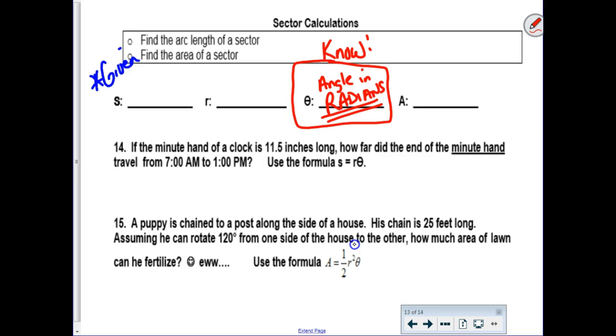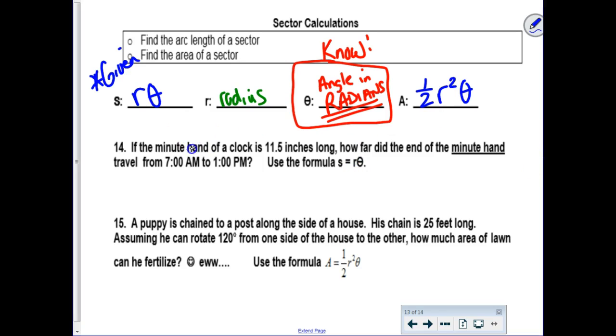So, S equals r theta will be given to you. You know that r is the radius of the circle. And then the area formula is 1/2 r squared theta. So these two formulas are given to you, but you must know that the angle is in radians.